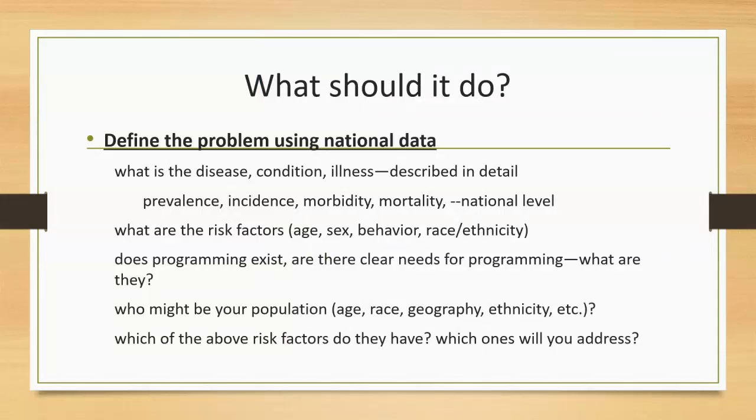So here is how you might define the problem or the disease using national data. You'd have to explain what the disease, condition, or illness is, and you need to describe it in prevalence, incidence, morbidity, and mortality at the national level. These are all data that you can get mostly from web pages.